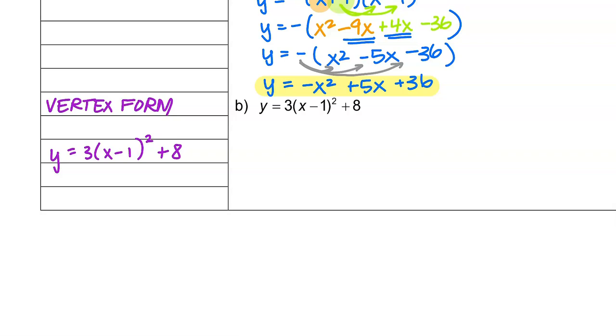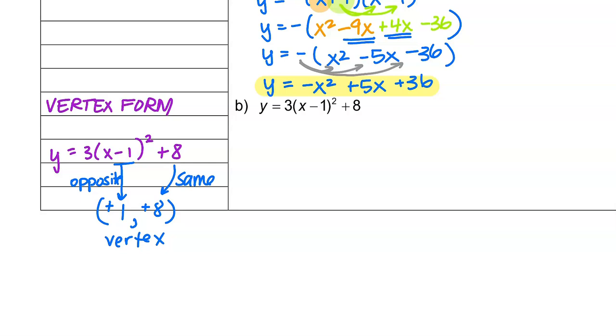But here's the thing. If it's in vertex form, if you take the opposite of this number, that's a positive 1, and you take the same, just take this number, right, the same as this number, which is the plus 8, this is your vertex, right?